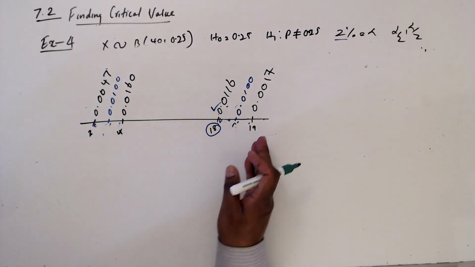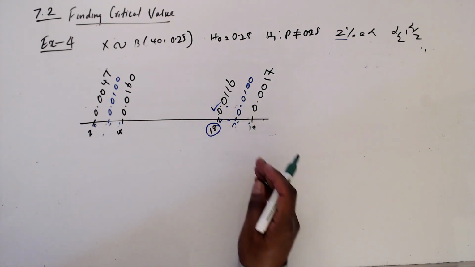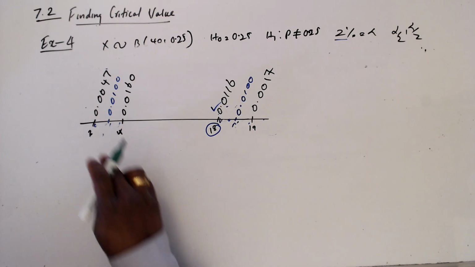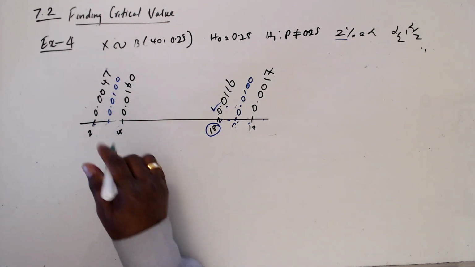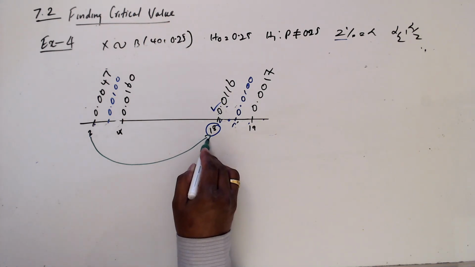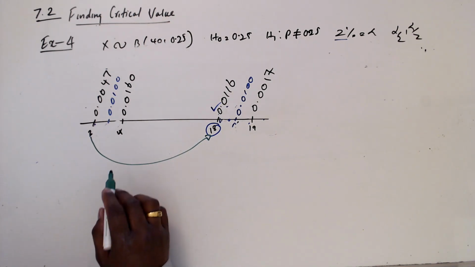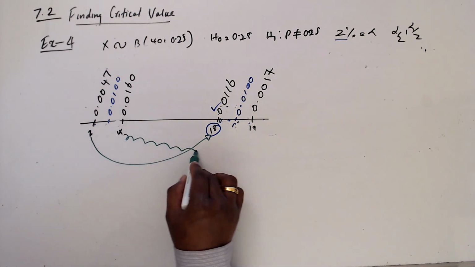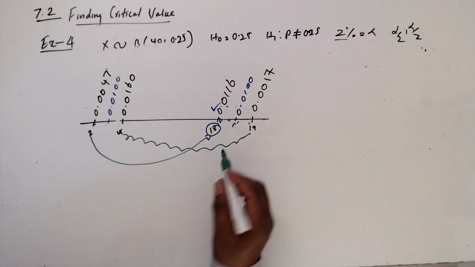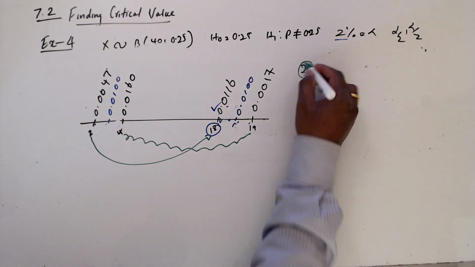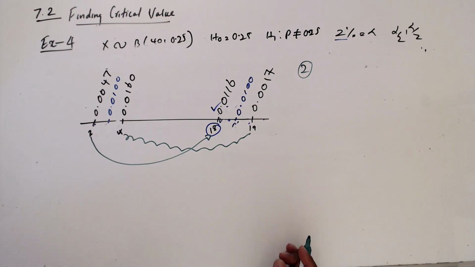For this one, 19 is lower, 18 is more. Then we are coupling like this: this lower one with the highest one here, and the highest one with the lower one, and we will add those two together. This is another way of adjusting this two-tail test.